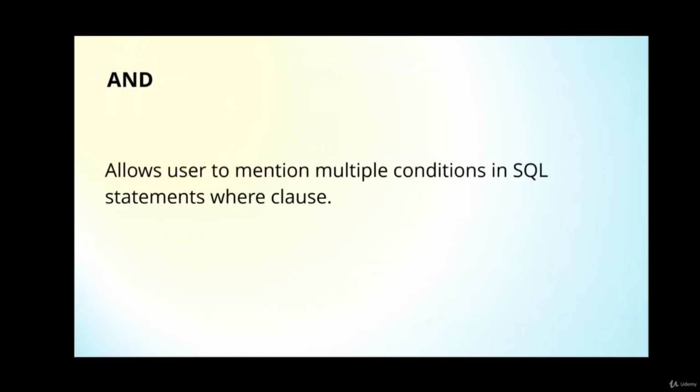Second is the AND operator. The AND operator allows the user to mention multiple conditions in the SQL statement's WHERE clause. The AND operator displays a record if all the conditions separated by AND are true.